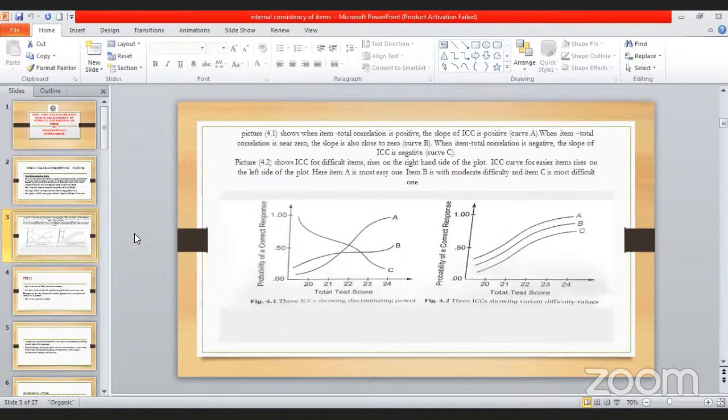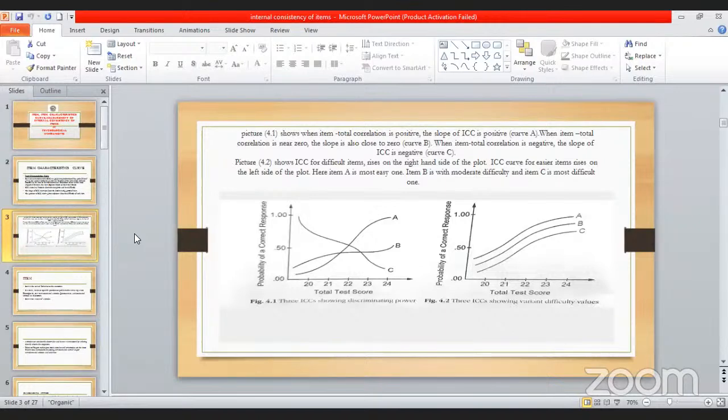In 4.1, it shows when item total correlation is positive, the slope of the ICC is positive. The slope indicates the discrimination power of the item. And item total correlation is the correlation between each item and the total score of the items. So when it is positive, the slope of the ICC will be positive.